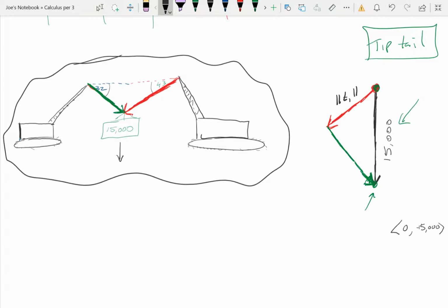You can call it X, you can call it V, you can call it whatever you want. But since we're talking about tension, I'm going to label it tension. So that means the magnitude or the length of that vector is tension. And then the length of this vector is known as tension 2, tension subscript 2. You can call it whatever you want. I don't care.